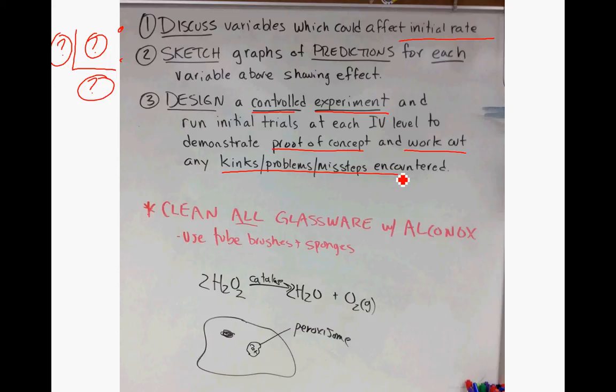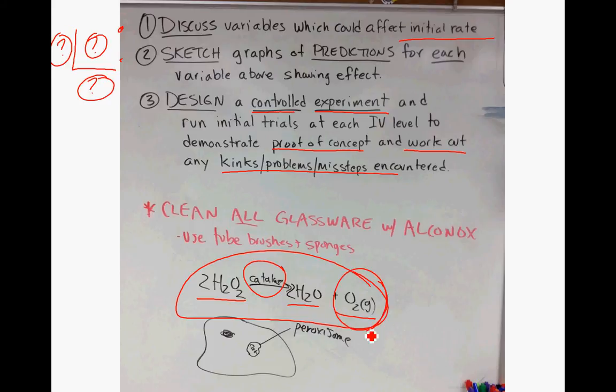One thing that was maybe not apparent to everybody is that this is the reaction that we are all looking at. We're all looking at the same exact reaction, the same substrate here, peroxide, the same enzyme, and we're going to be yielding the same two products over here. And so we're going to be measuring the rate of this reaction happening by how quickly this oxygen gas is produced, right?